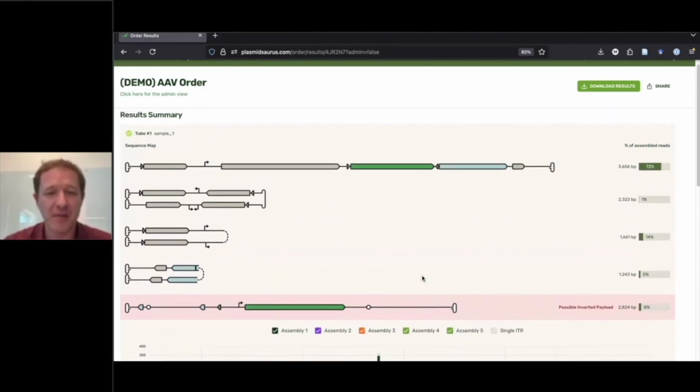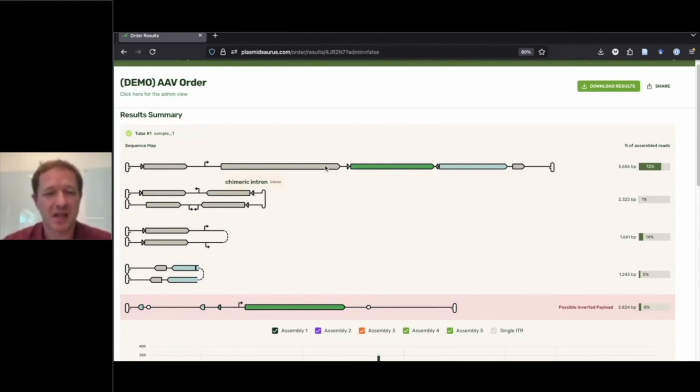But for the assembly, what you'll see here is we're able to identify 4 different genomes in the sample. And the top one here is our expected payload. And so we'll take the consensus sequence, we'll annotate it with public databases so you can see essentially what should be on your sequence.